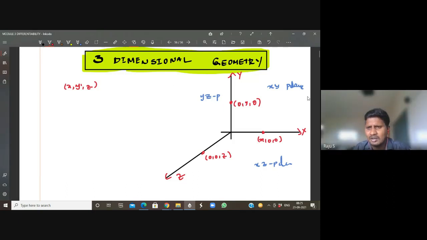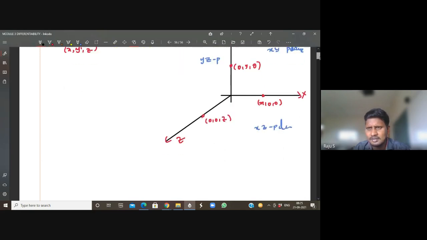And also you already studied the distance between 2 points in class 11th, when two different points are given.